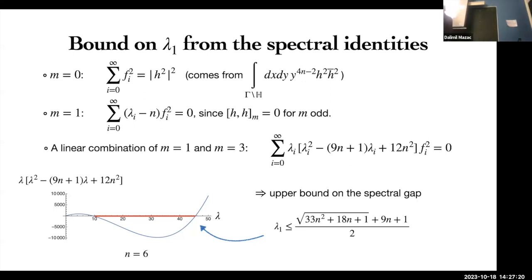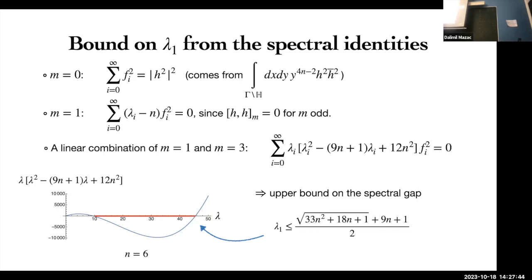And the only way this can be satisfied is if there is at least one negative contribution. So the blue curve is the polynomial, which then goes to infinity, and this identity shows there has to be at least one eigenvalue in the negative region of that polynomial. Okay, so this is an upper bound on the spectral gap, right? It tells you why it is an upper bound.